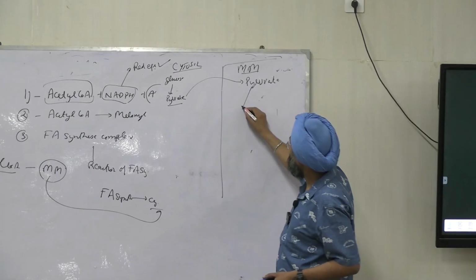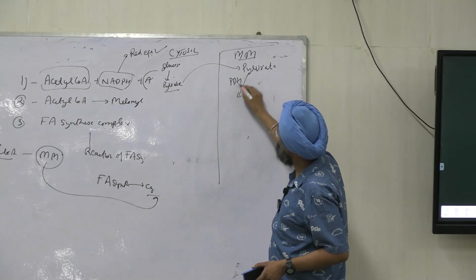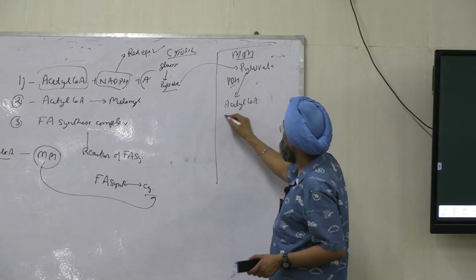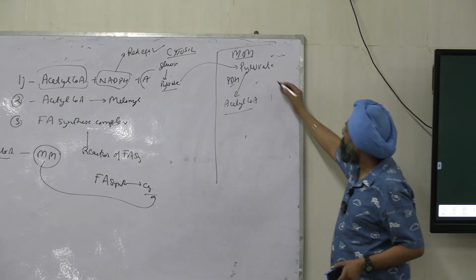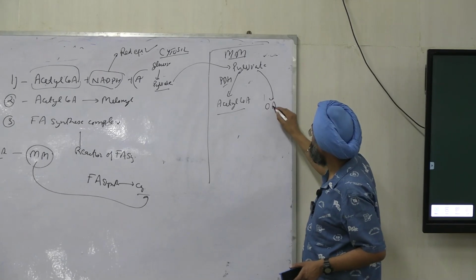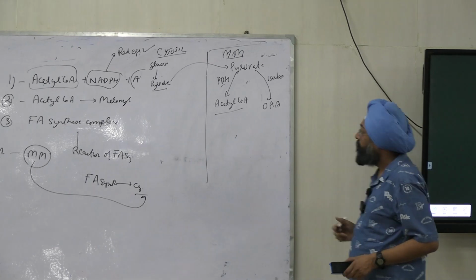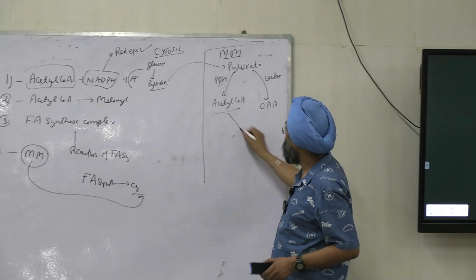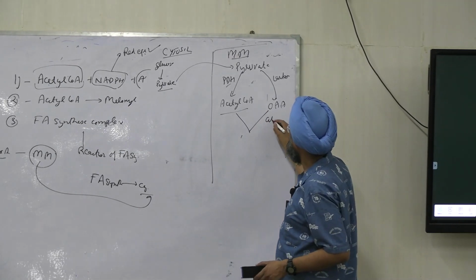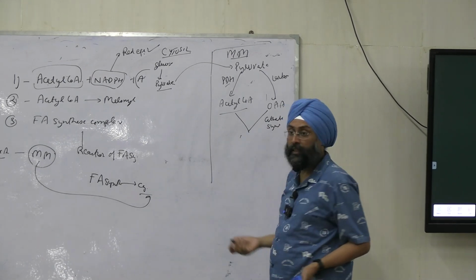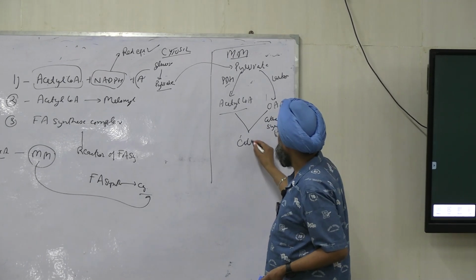This pyruvate via pyruvate dehydrogenase reaction will form acetyl CoA, right? And it can also form oxaloacetate via carboxylase reaction, right? Now we have these two. These two will combine with each other in the presence of citrate synthase, right? What will we get? Citrate.